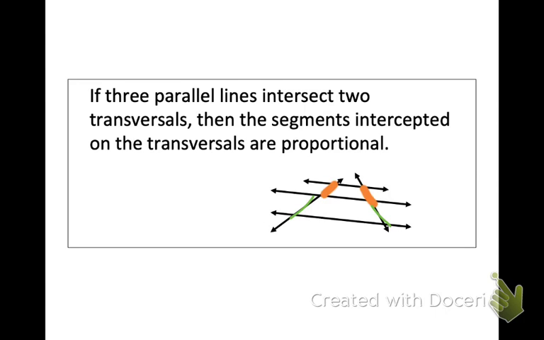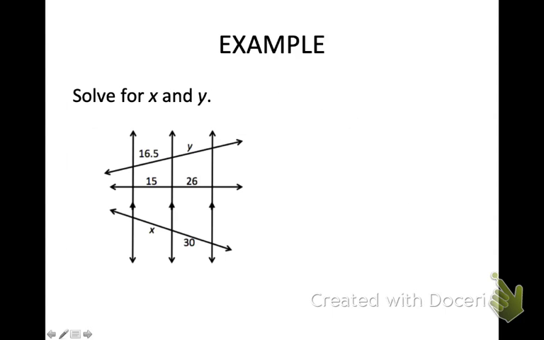Do you see the ratios that you could create? Orange over green is equal to orange over green. Yeah? So again, we're just writing it as you see it. So in this example, let's solve for x first. What would you put in a ratio with x? So take away this top half. You would do what?